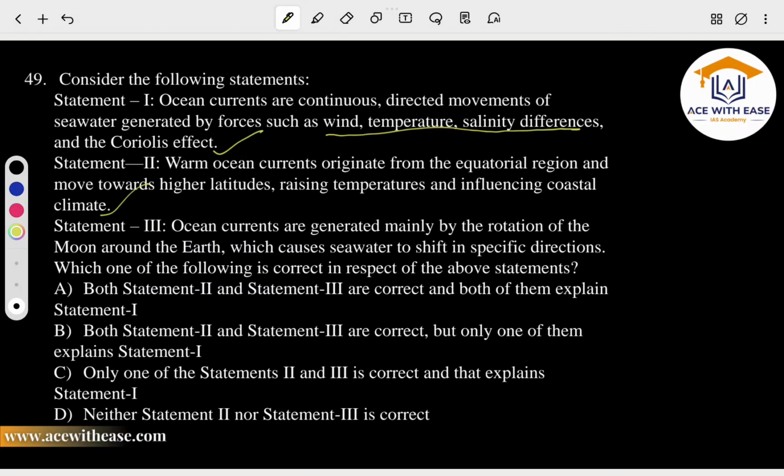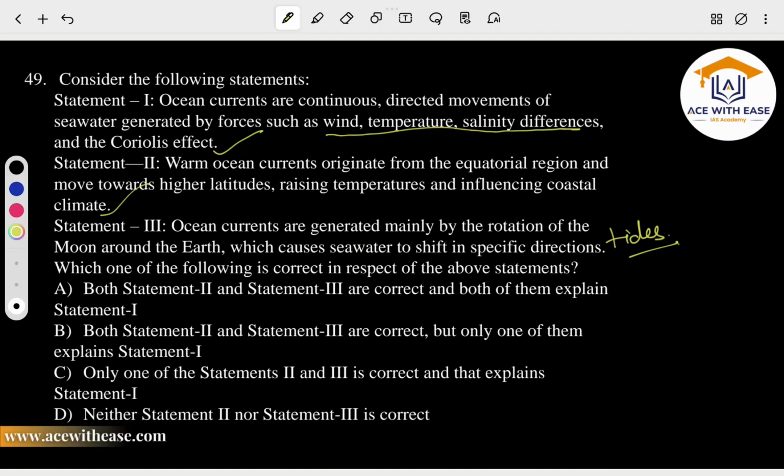Yes, the second statement is also correct. Ocean currents are generated mainly by the rotation of the moon around the earth, which causes seawater to shift in a specific direction. So they are basically explaining the tides, not the ocean currents. So the third statement is incorrect.